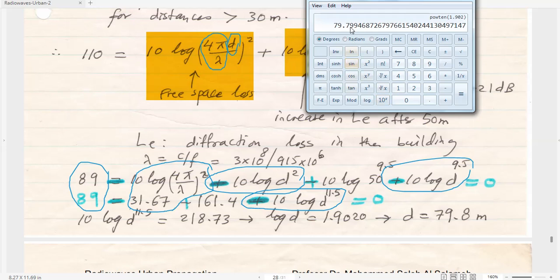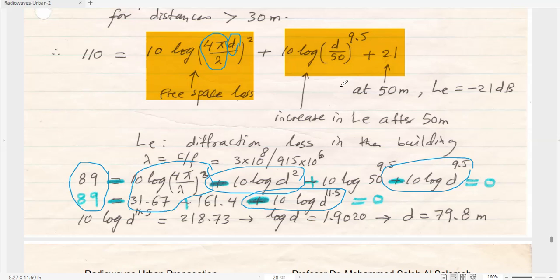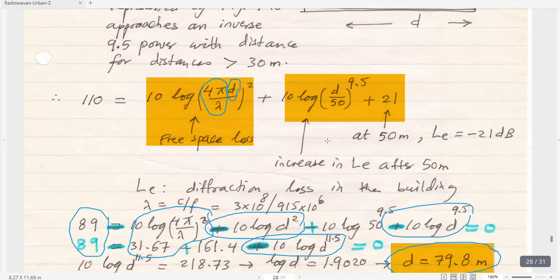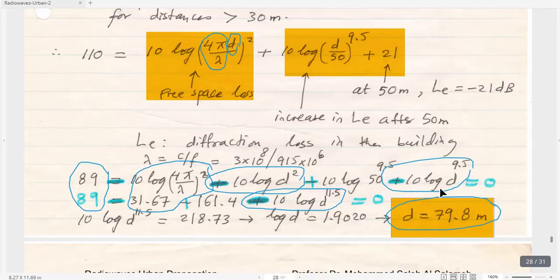It is 79.8 meter. So the final answer is 79.8 meter. We have assumed that the answer is greater than 50 meters, and in fact it is greater than 50 meters, so our solution is okay.